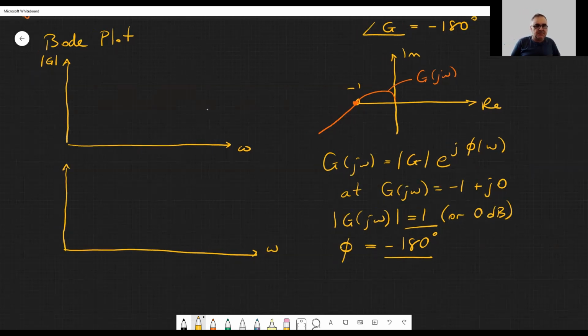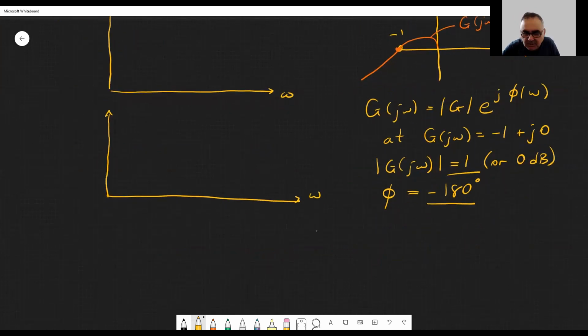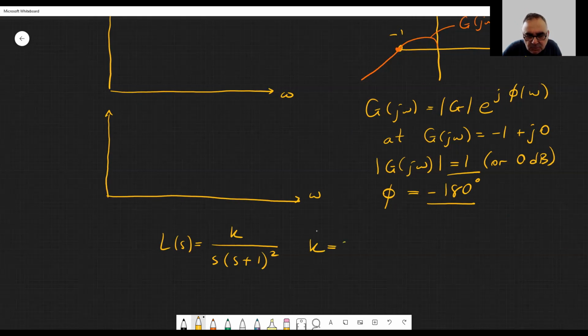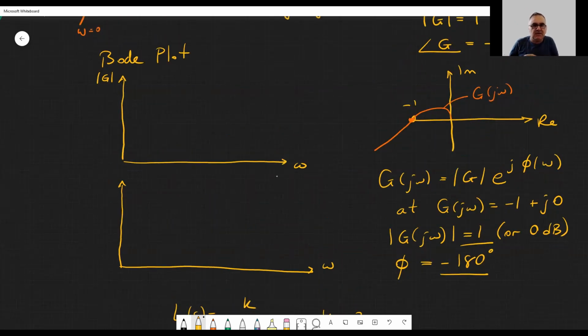Okay. So if I plot this, let's take this example, L of S equals K over S times S plus 1 squared, and K equal to 2 is the limit of stability, we know that. So I plot it at K equals 2.